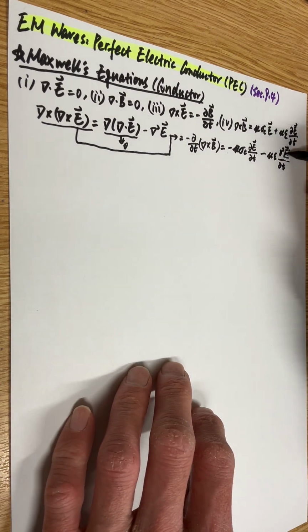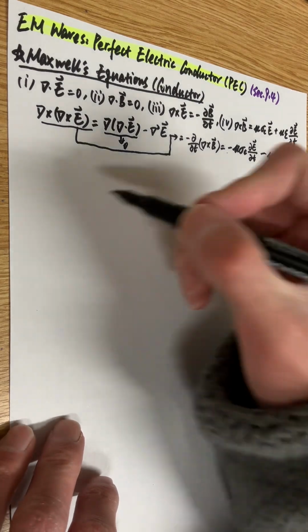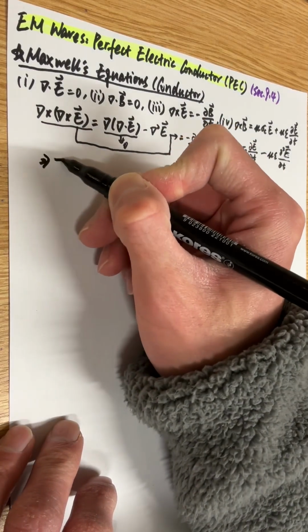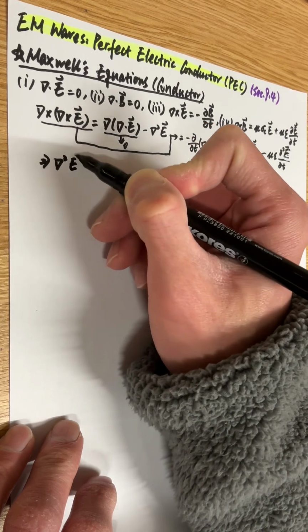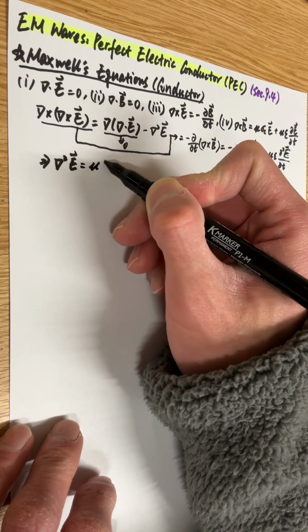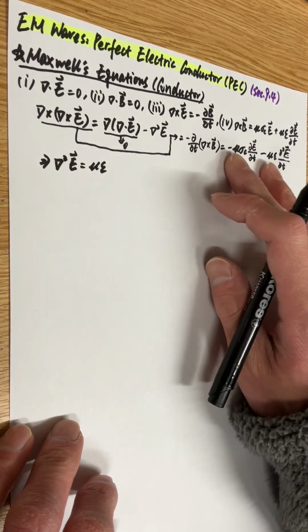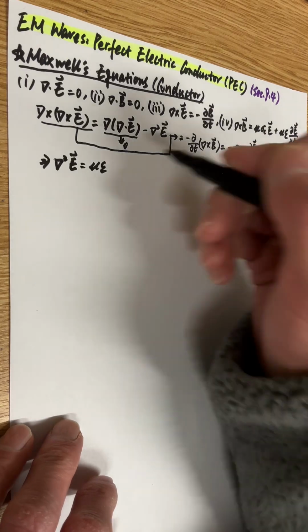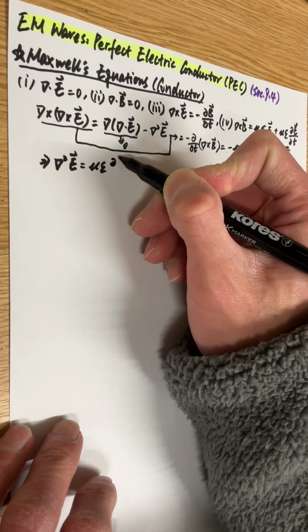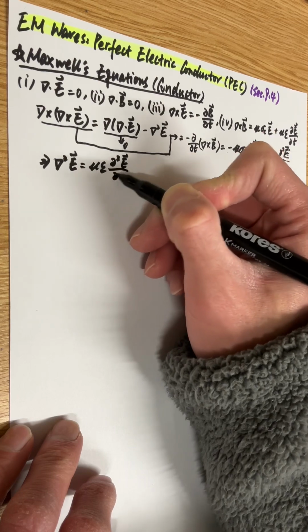Okay, so if we organize this, what we have is Laplacian of E equals mu epsilon, here we have minus sign, so here we have minus sign, they all become positive, second derivative of E with respect to time.